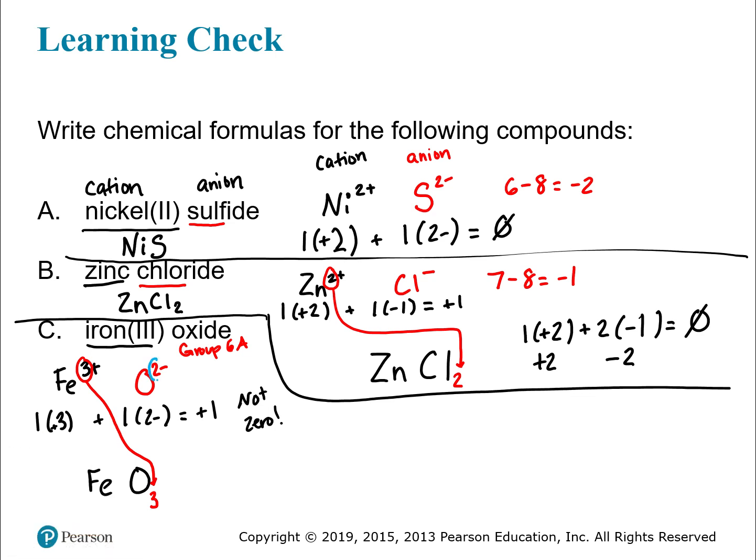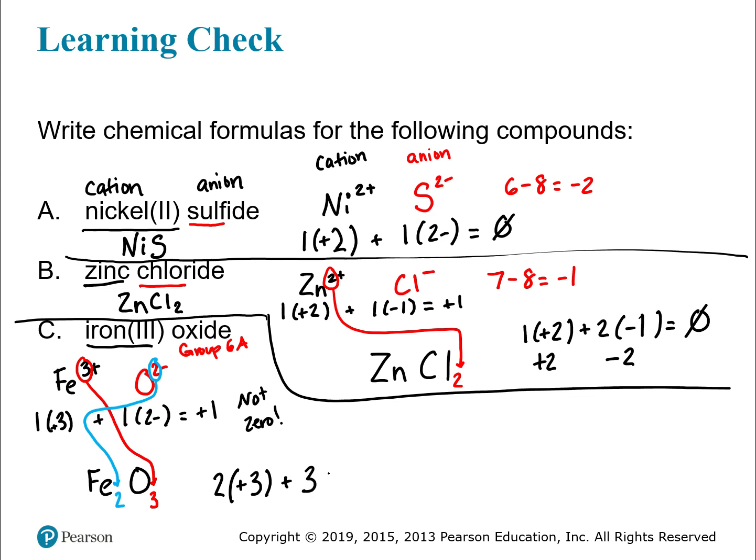I'm going to take the 2 and drop it down as my subscript for the iron. Now let's double check that. I have 2 iron ions that have a charge of 3 plus each.